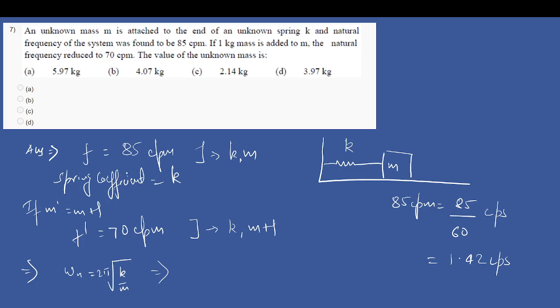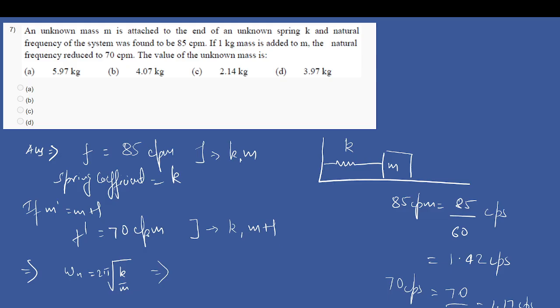Frequency is given as 85 cpm. When you convert into cycles per second, dividing by 60, it's 1.42 cycles per second. And when you convert 70 cpm into cycles per second, it is 70 by 60. So how much is 70 by 60? It's 1.17 cycles per second.